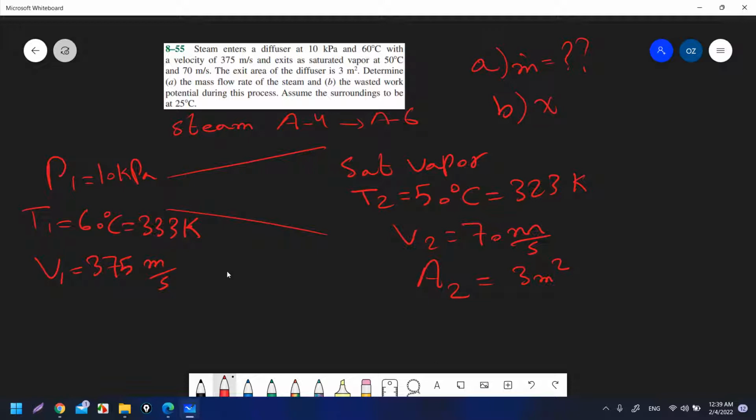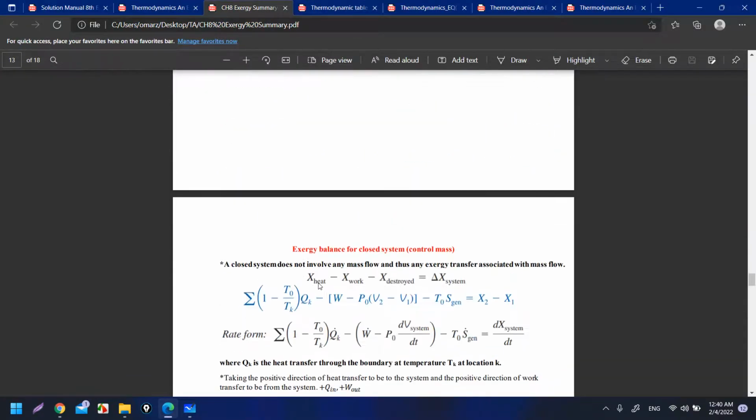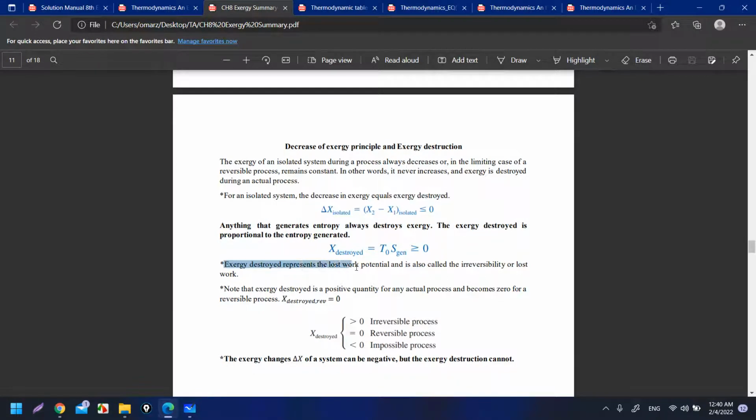Okay, X destroyed. And he wants me to find the mass flow rate. Of course, I will use X dot destroyed. The wasted work potential can be found from the definition of the Exergy destroyed. Exergy destroyed represents the lost work potential and is also called irreversibility or lost work.